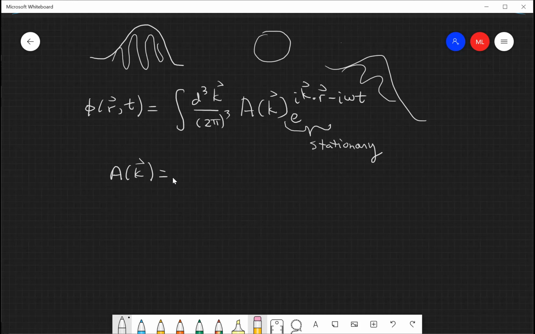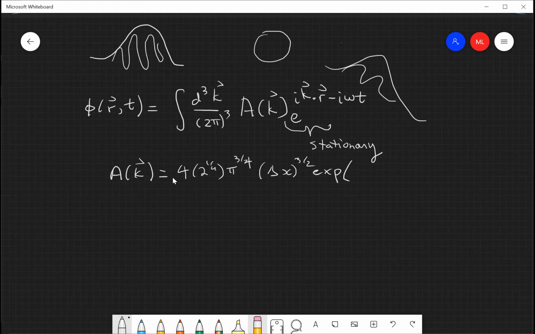You could describe the wave packet as, for instance, a Gaussian, properly normalized, with a bunch of factors of 2 and pi. If you have an uncertainty in position, that's related to the inverse of the uncertainty in the momentum.